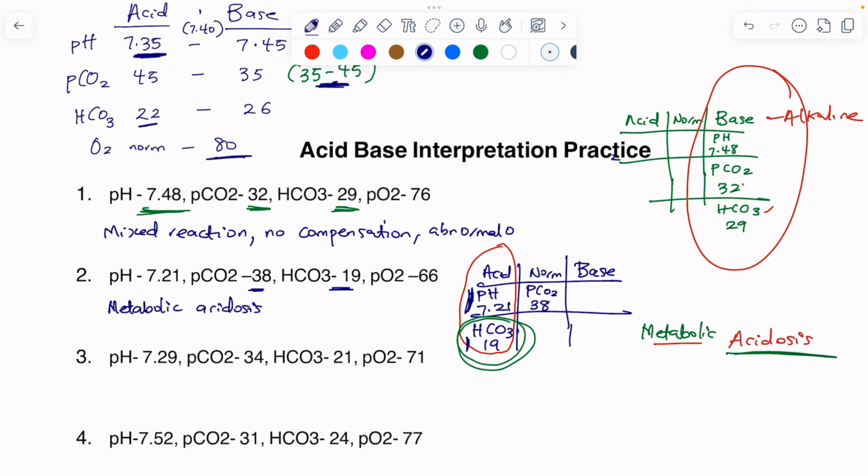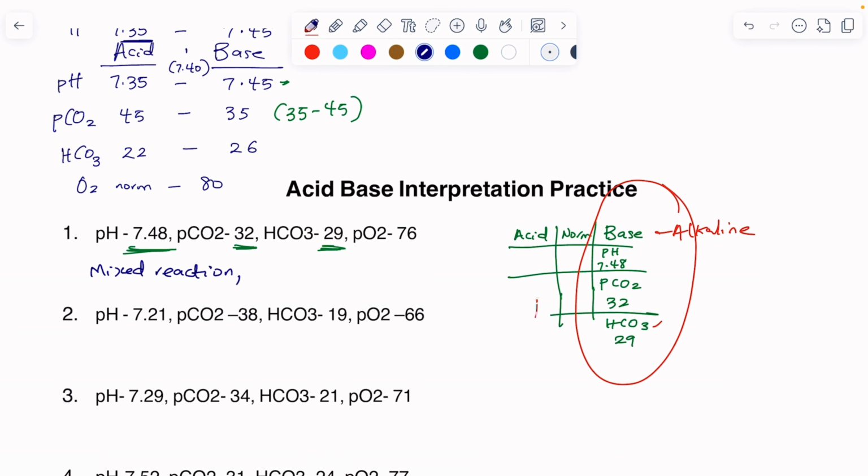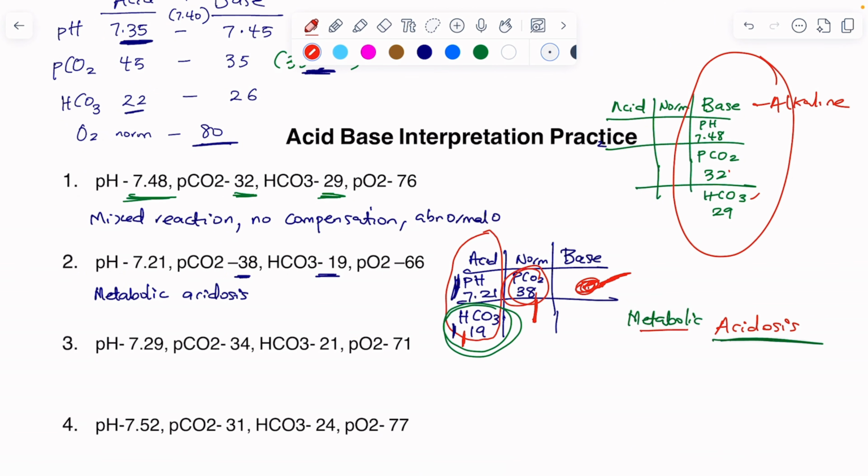There is no compensation, because if the PCO2 over here was compensating, it should be on the basic side, meaning while the kidney is acidic, the PCO2 over here should be trying to let out carbon dioxide with the lungs. Since it's under the norm, it's not compensating. So we're going to write here no compensation and then abnormal O2.